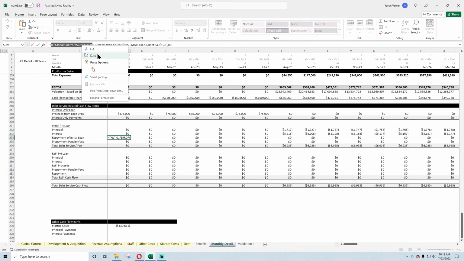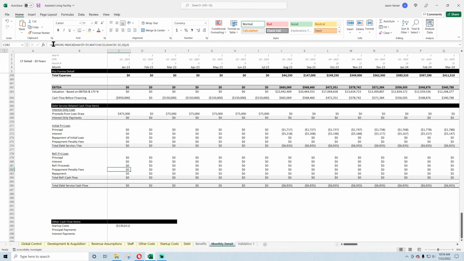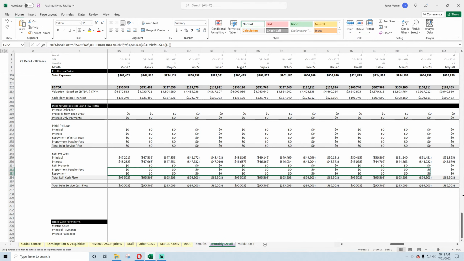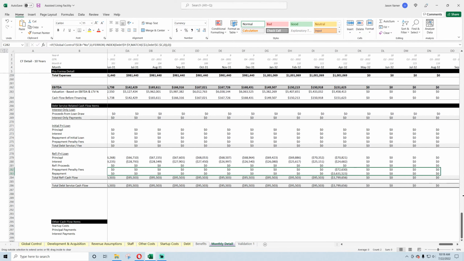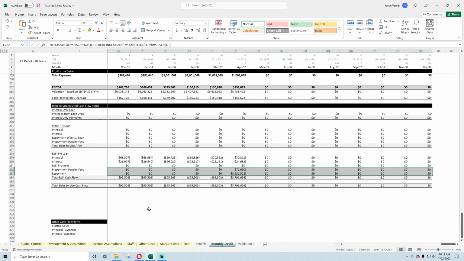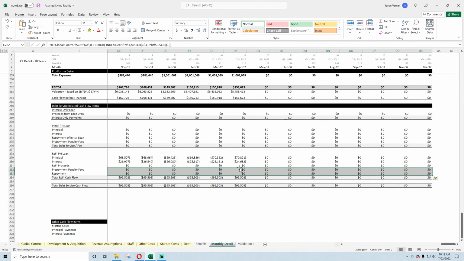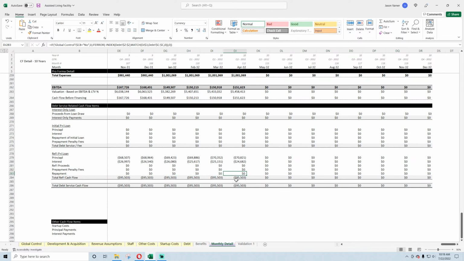And I believe that should solve for all cases that happen, whether exit value is included or not, and then any end month. So it's there. If we hit no, that's fine. Just it essentially stops here. Any principal and interest payments stop.